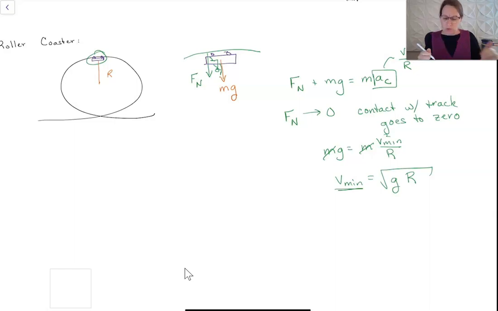If you don't, if you're going too slow, so if our speed is less than our v min, then there must be some kind of clamp of some sort that holds you onto the track. Often that's built in as well.